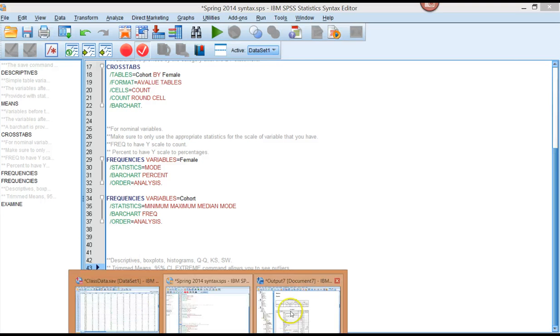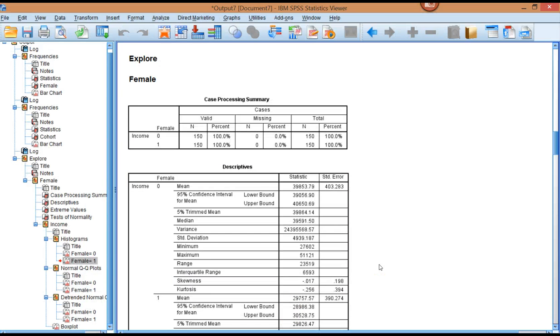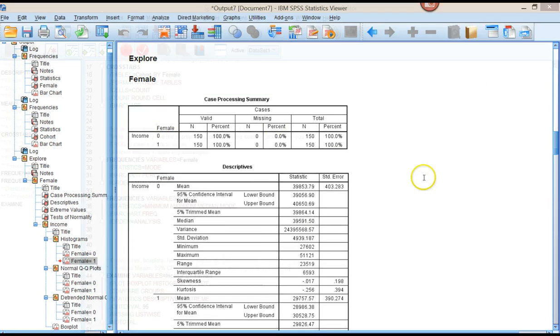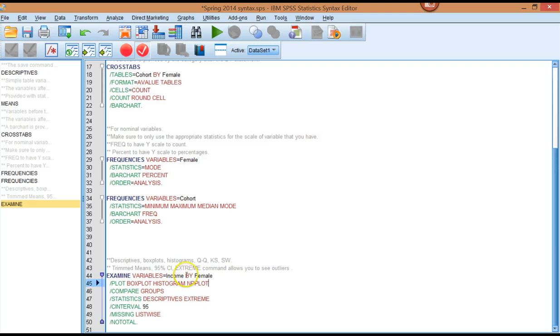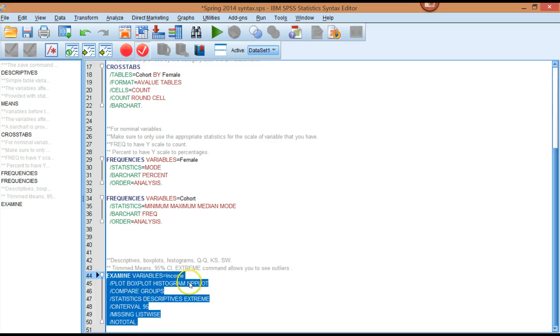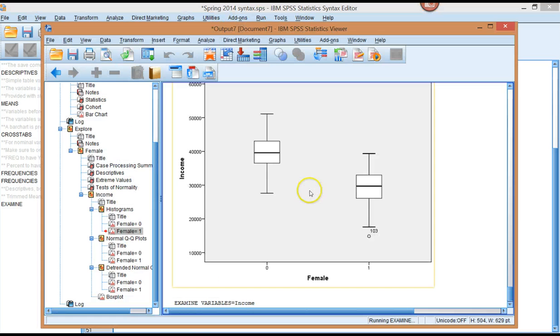And of course your nominal scaled variable breaks it up. But if instead you did not want to look at by female, you wanted to look at income overall, you can rerun this, removing the by statement.